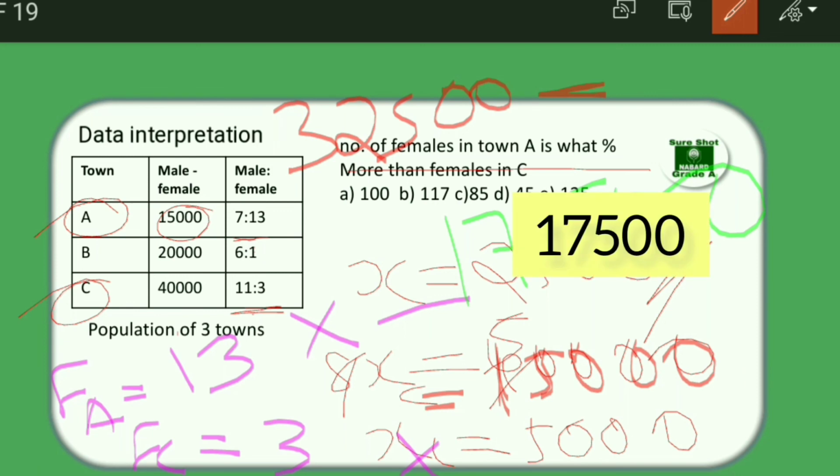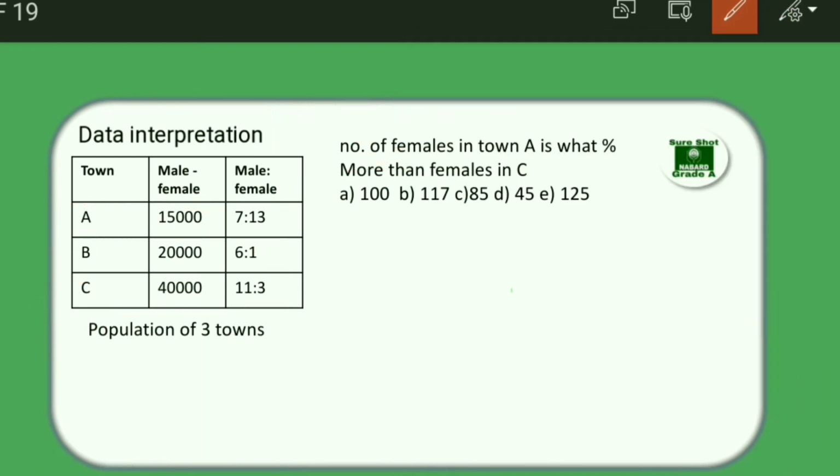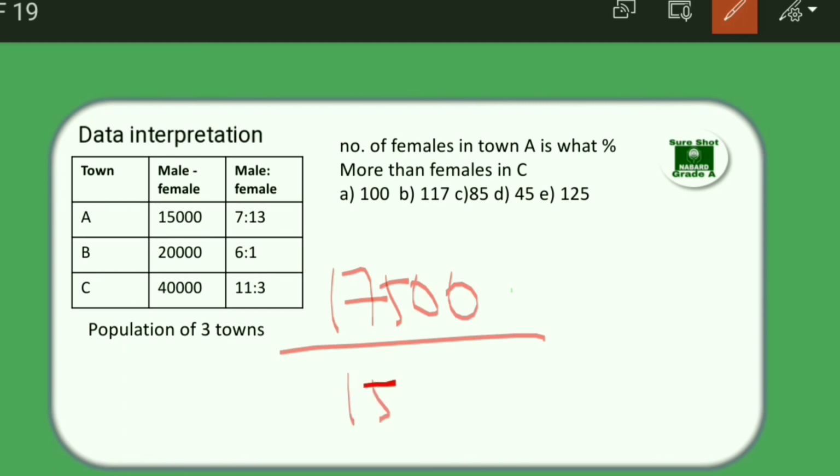So this is what percent more? We need to do 17,500 divided by 15,000 into 100. This is the answer.